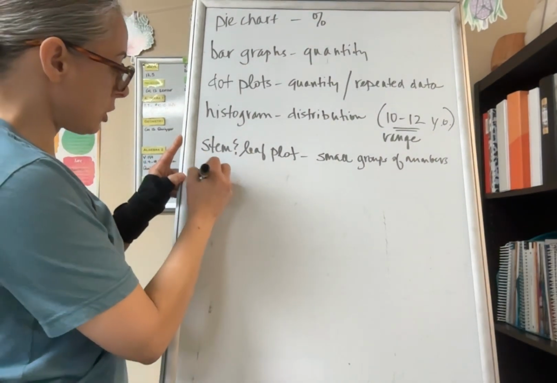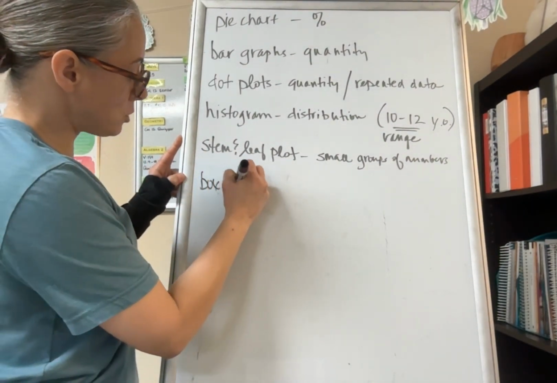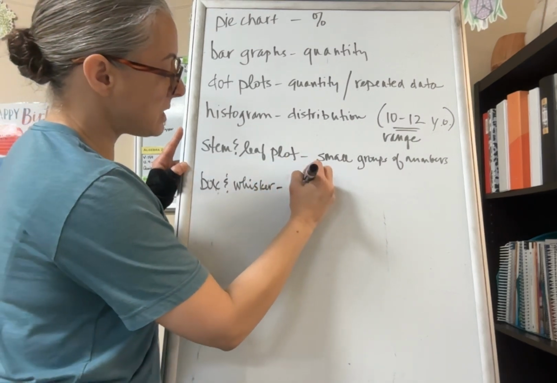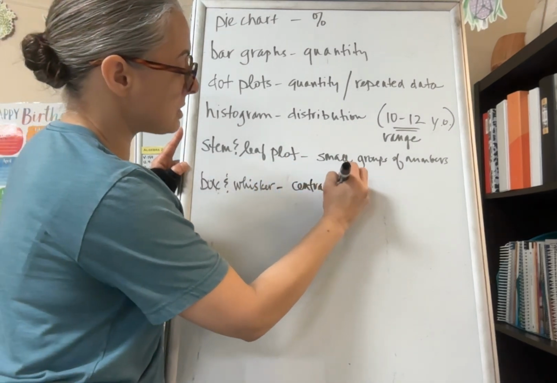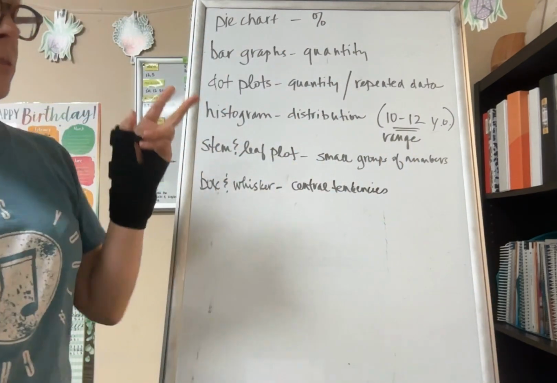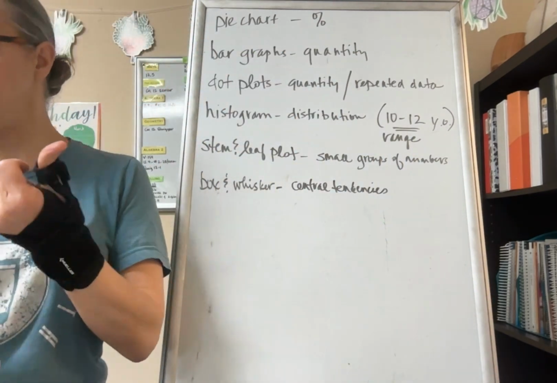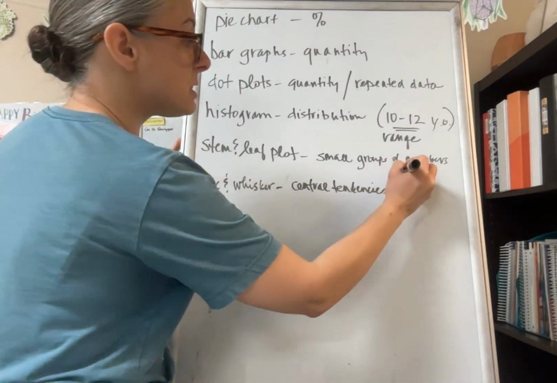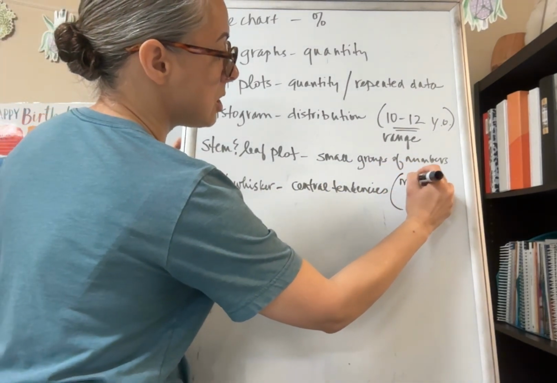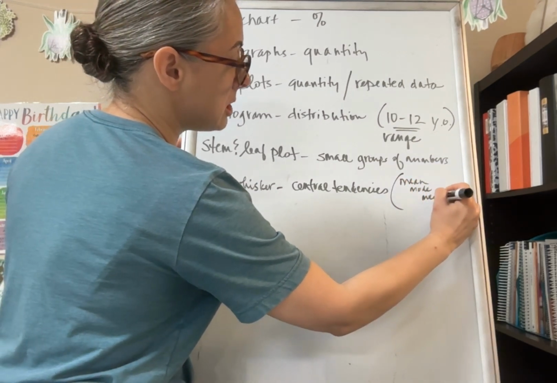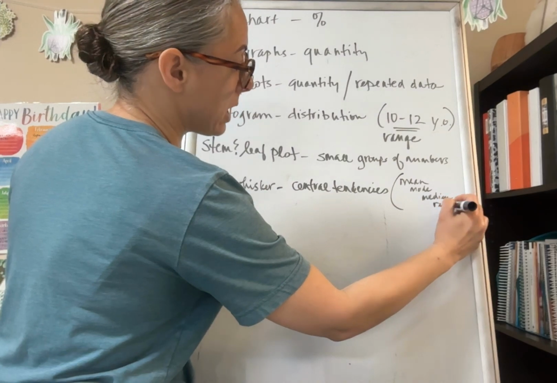Box and whisker are used when we want to see the central tendencies. Remember, the words central tendencies is a big term that means we want to see the mean, the mode, the range, the median, right? Those are the central tendencies. Mean, mode, median, and range.